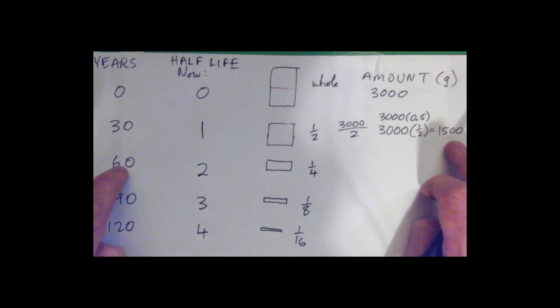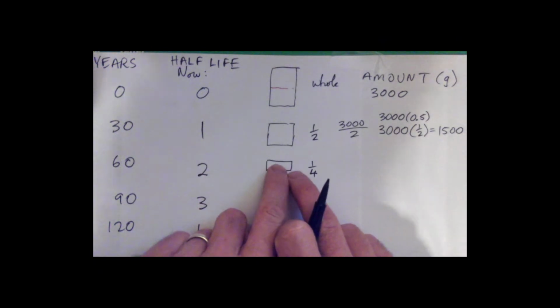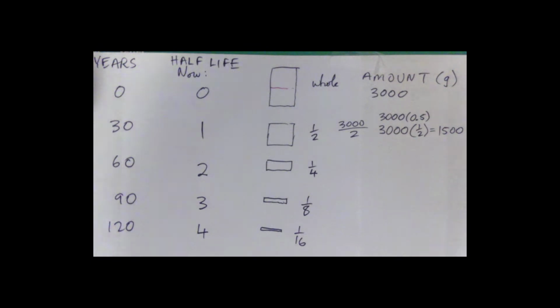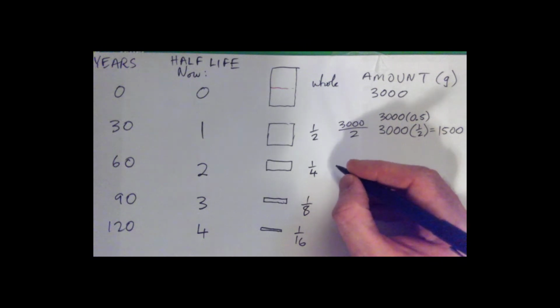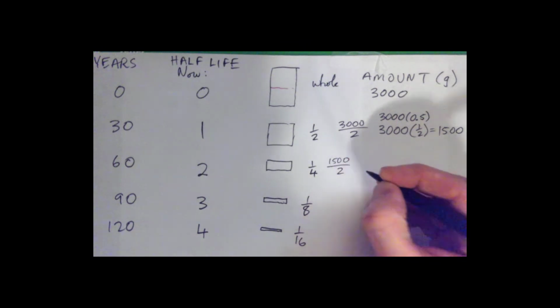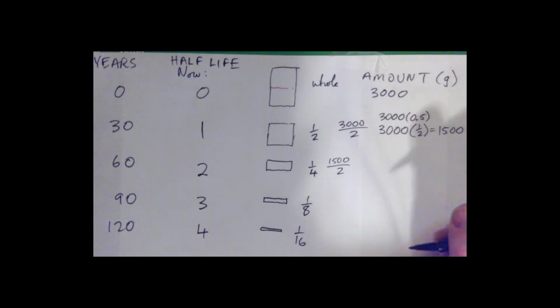Now, in 60 years' time, that's two half-lives. We have a quarter of it remaining. So what is it in grams? What does it look like in grams? Yeah, you can do 1,500 over 2. That's one way of doing it. I'm going to guide you towards multiplying by something because I want to come up with a formula. It's just a cool way of getting the formula.